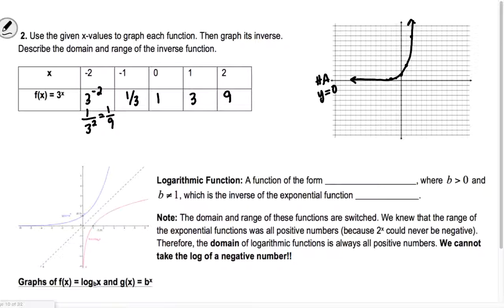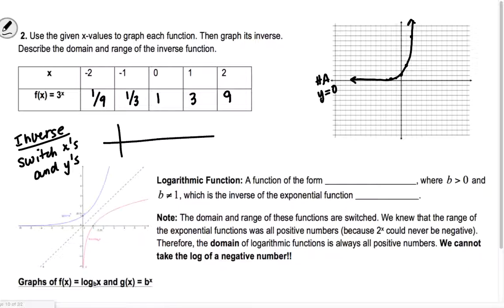When we graph inverses, we switch all of the x's and y's. So instead we're going to have 1/9 comma negative 2, 1/3 comma negative 1, 1 comma 0, 3 comma 1, and 9 comma 2.